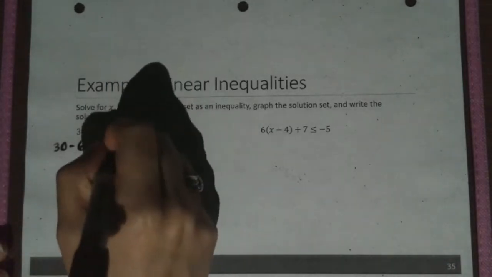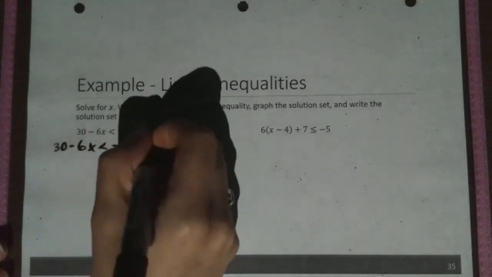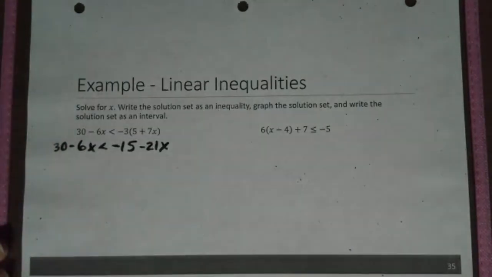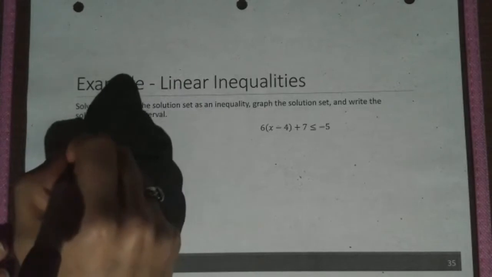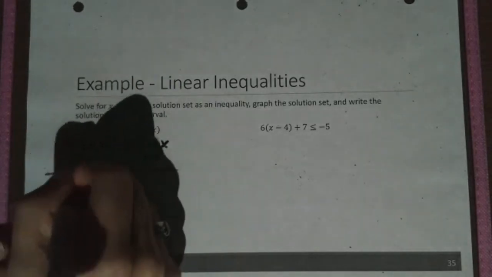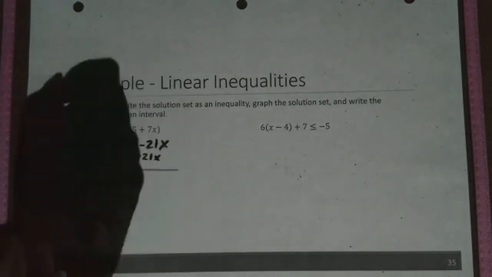-3 times 5 is -15. -3 times 7x is -21x. I'll add 21x to both sides. So we will have 30 plus 15x is less than -15.